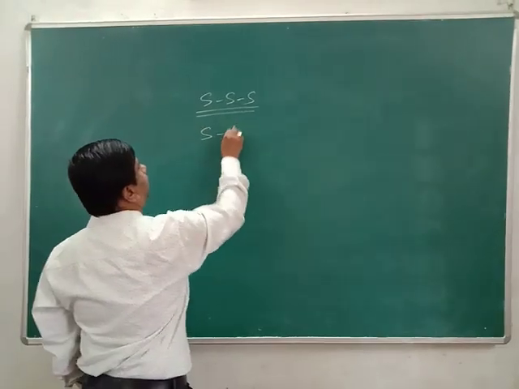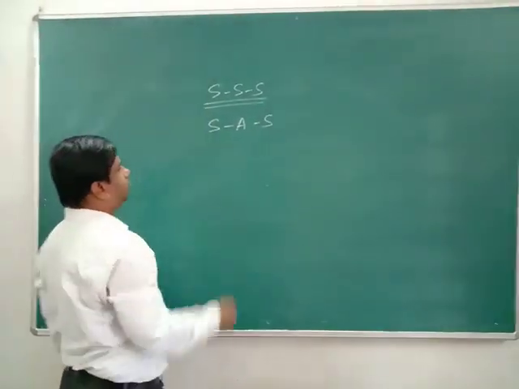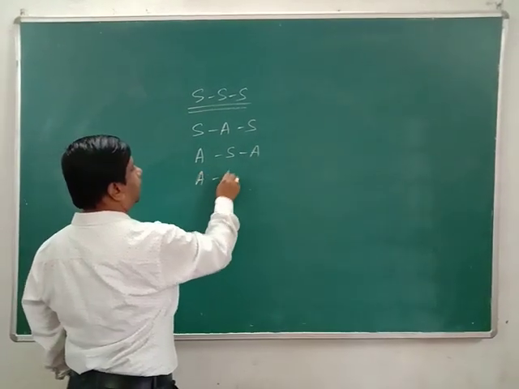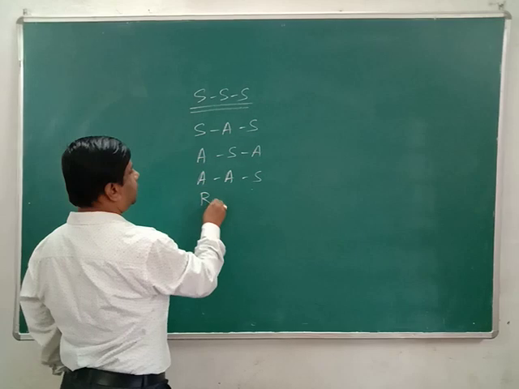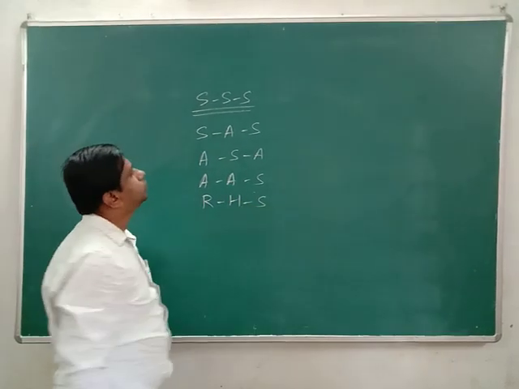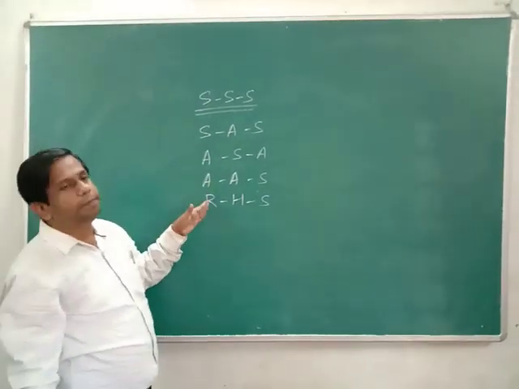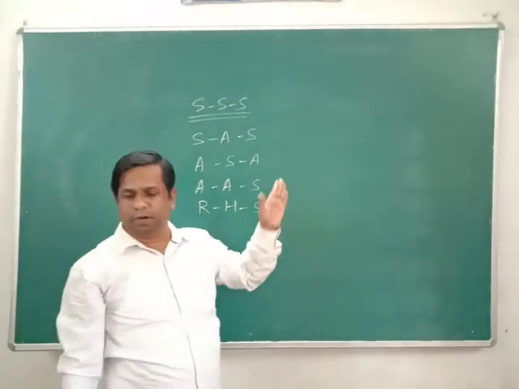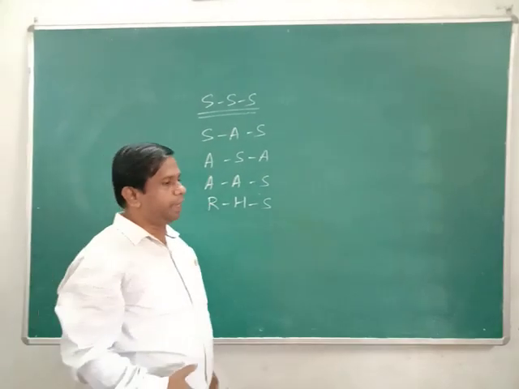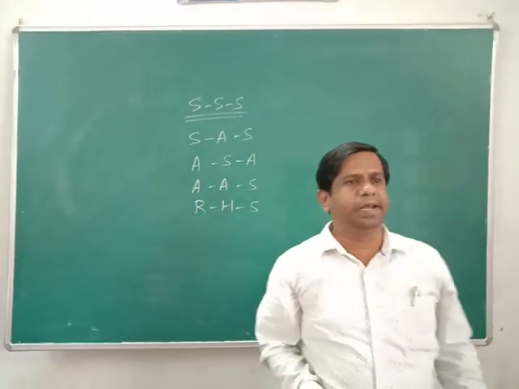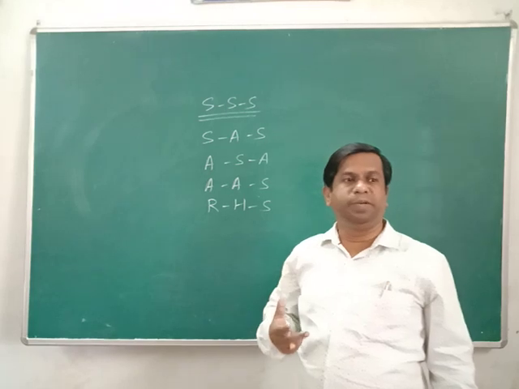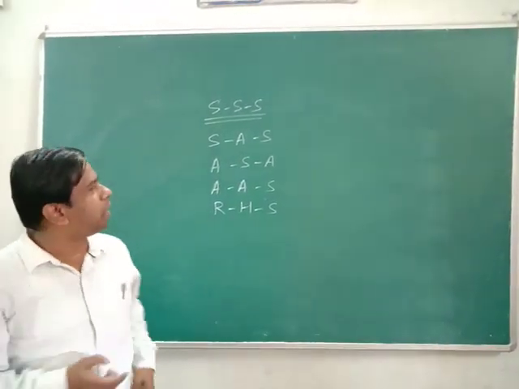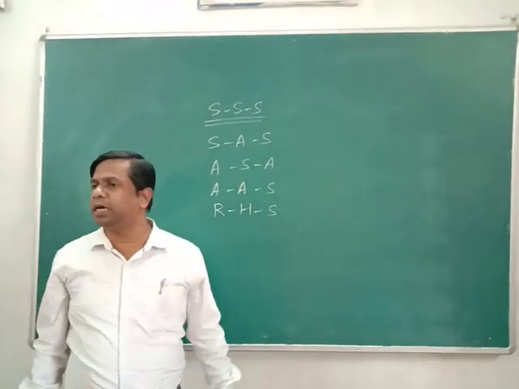SAS, that is side angle side, ASA, angle side angle, AAS, angle angle side, and RHS. So these are the five criteria for congruence of triangles. Now we will think, is there any criteria for similarity of triangles, or is there any three corresponding parts so that we can prove that the triangles are similar?